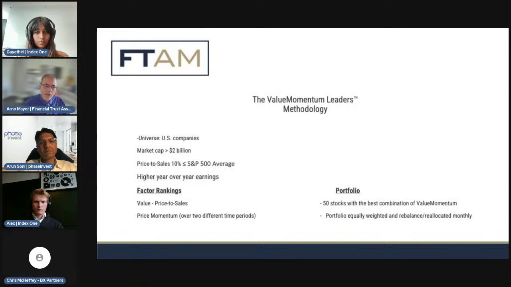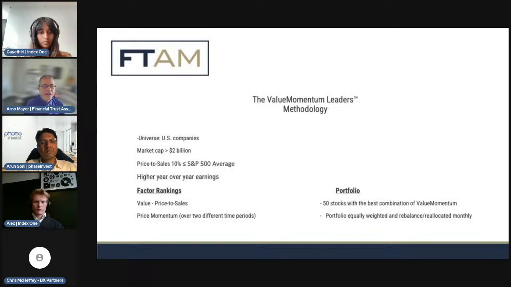Next is the screen we put together to ensure that we have lower valuation stocks, so we basically want stocks with a price to sales ratio at least 10% lower than the average price to sales ratio of the S&P 500. Then next, quality factor: we only want companies that have higher year-over-year earnings.